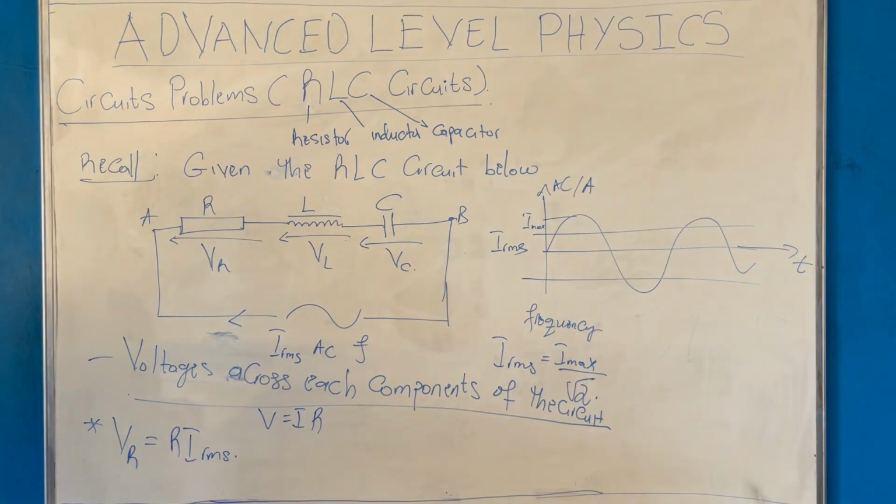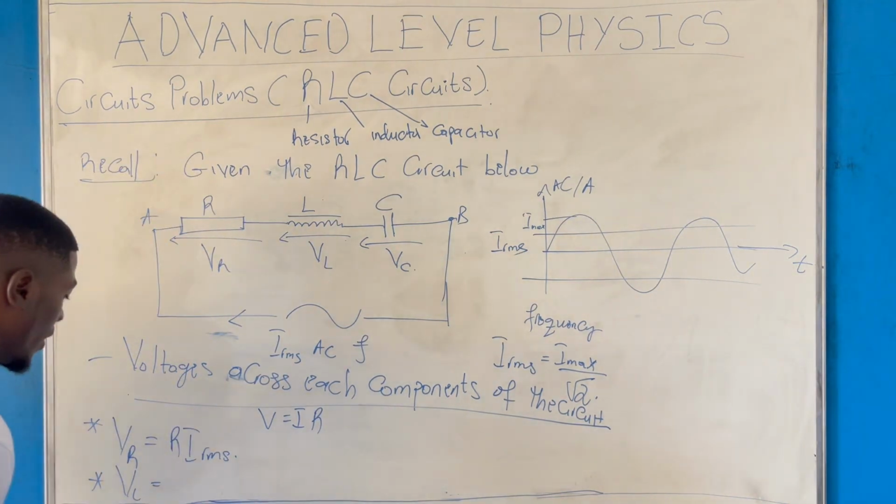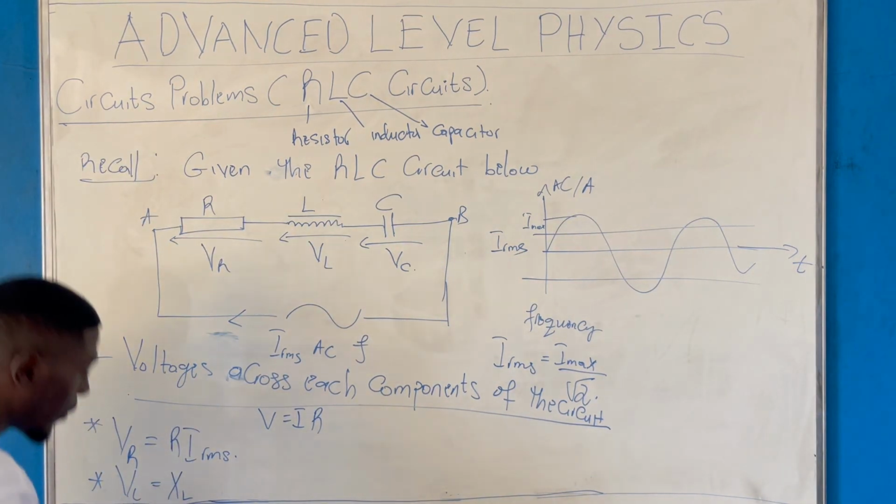Now, if I want to go to the next component of our circuit, which is the inductor, the voltage across L will be given by the resistance of the inductor. We don't call it R; the resistance of the inductor is called inductive reactance.